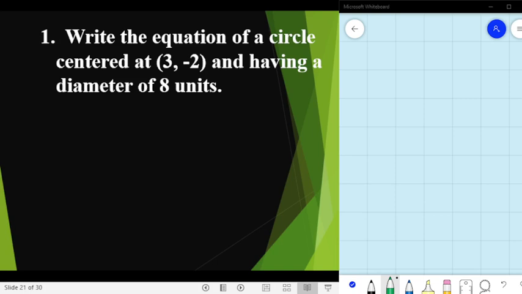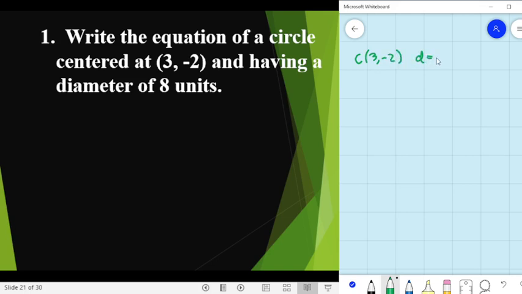We are going to write the equation of a circle centered at (3, -2) and having the diameter of 8 units. Okay, so let us recall the relationship between diameter and radius. Because when we write an equation, it is very important to have the center and the radius because atong formula, di ba? (x - h)^2 + (y - k)^2 = r^2.